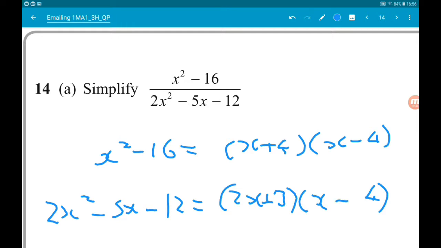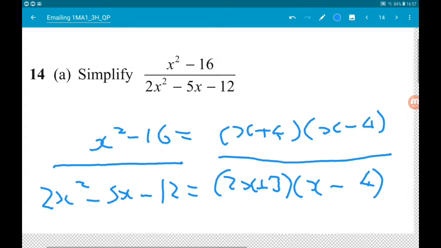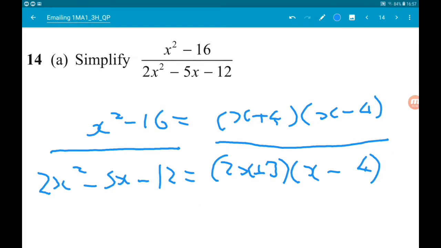So if we think of this back as a fraction now, we have x plus 4 times x minus 4 over 2x add 3 times x minus 4. There's a common factor of x minus 4, so that cancels out.